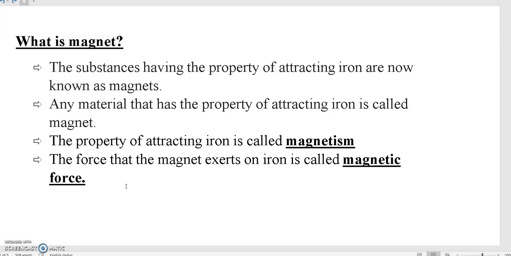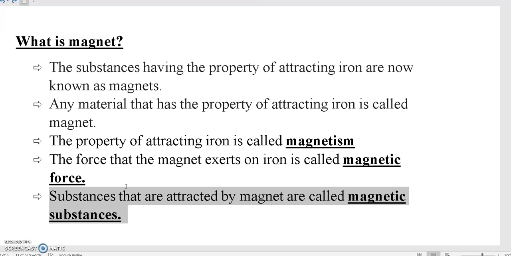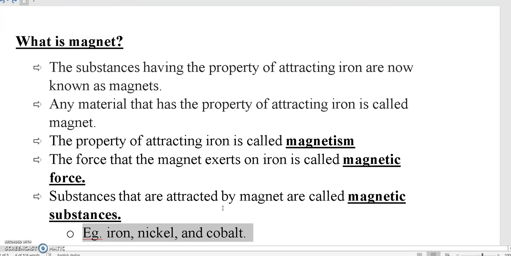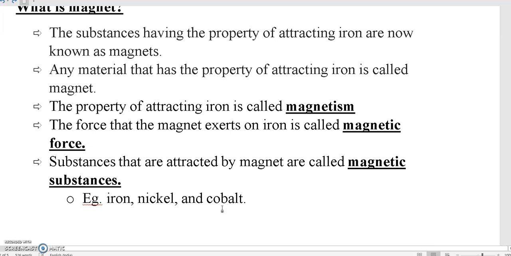But what about the substances that are attracted by the magnet? Substances that are attracted by a magnet are called magnetic substances. Examples are iron, nickel and cobalt. It can be only iron, nickel or cobalt, or a mixture of these substances.